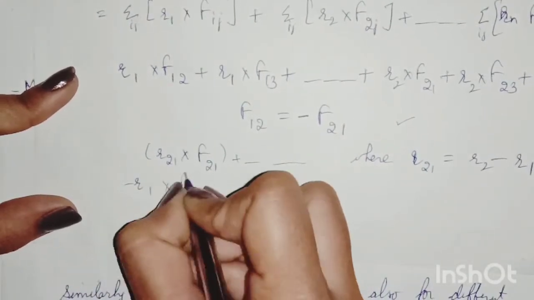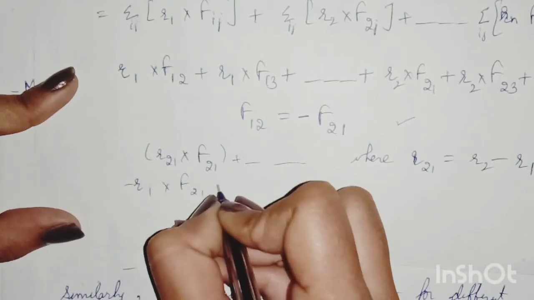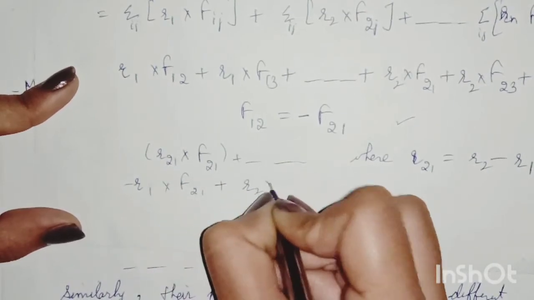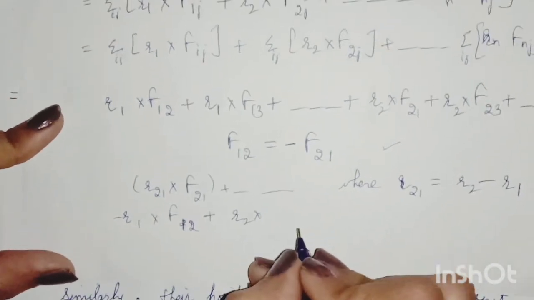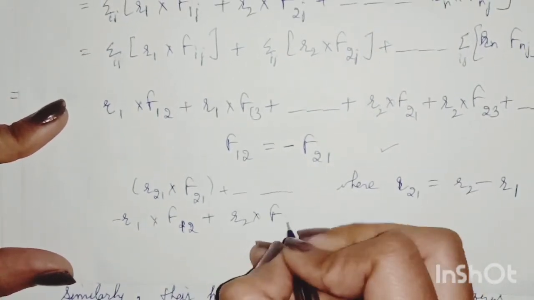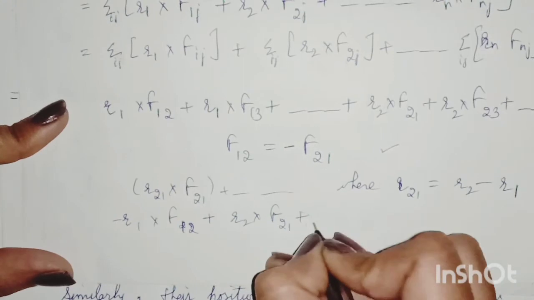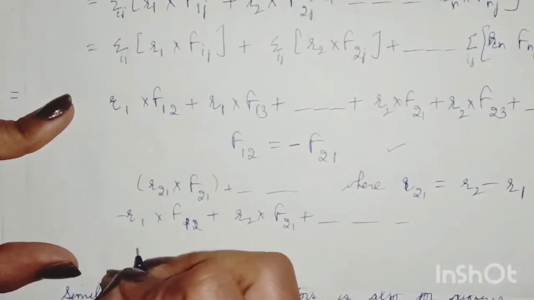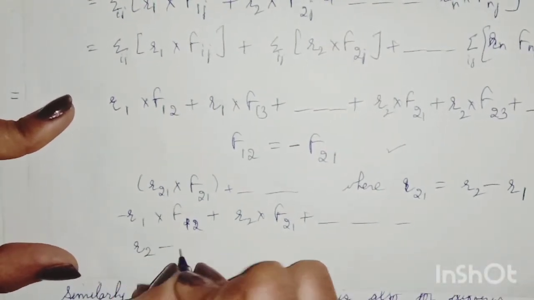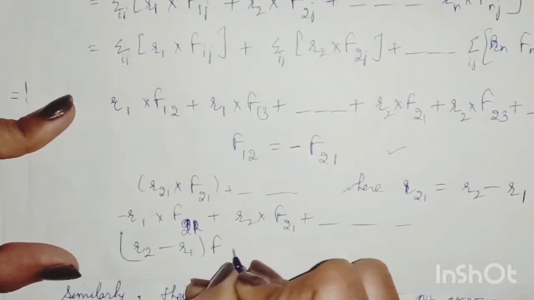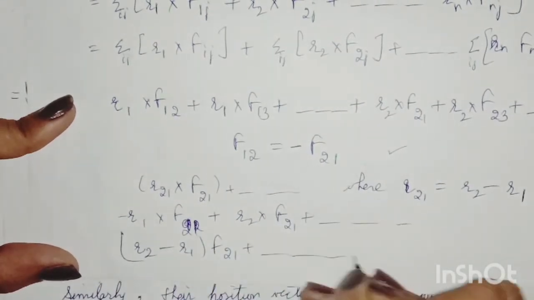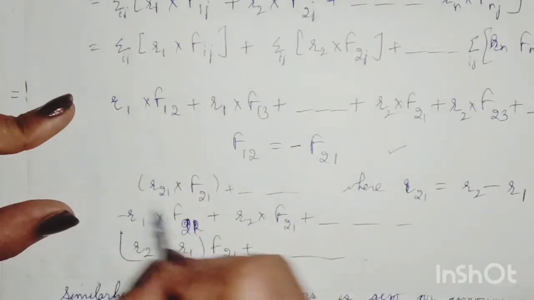Minus R1 cross F21 plus R2 cross F12 plus R2 cross F21 and so on. So from here we can write R2 minus R1 cross F21 and so on. So we can write this equation.